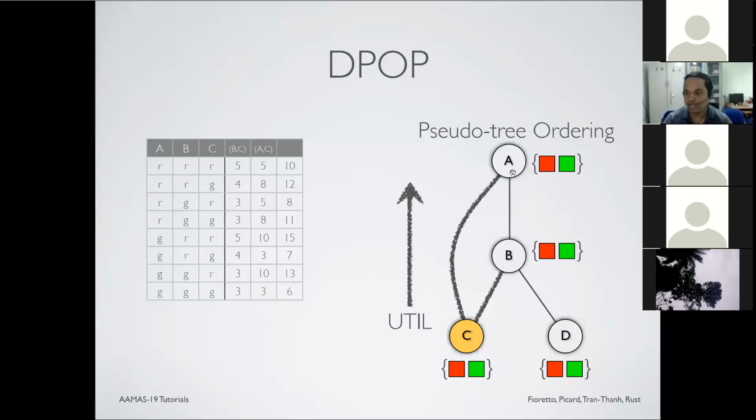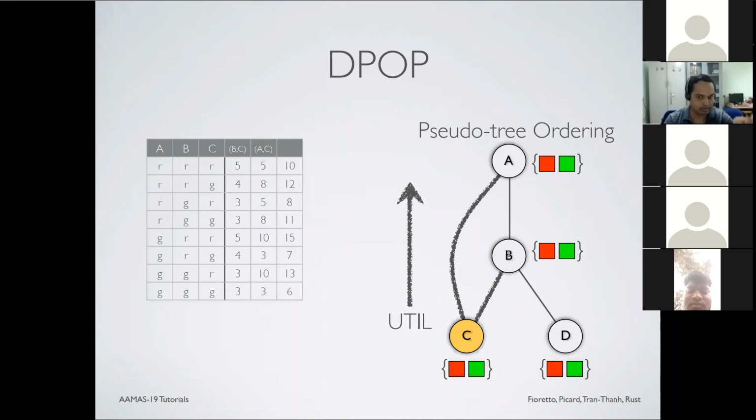Now, A and B, what can be the possible combinations? I have two colors. What are the possible combinations A and B can choose? A red, B red; A green, B green; A red, B green; A green, B red.